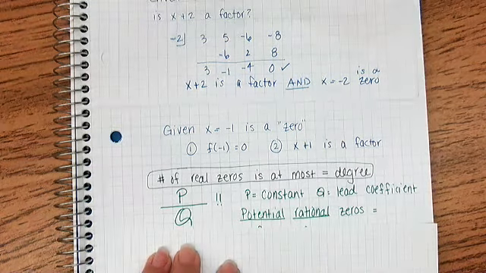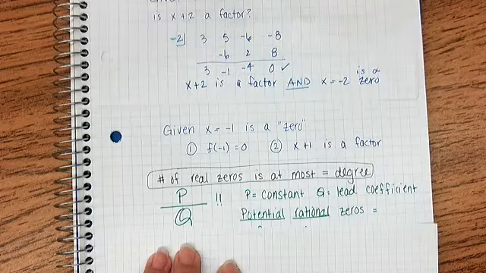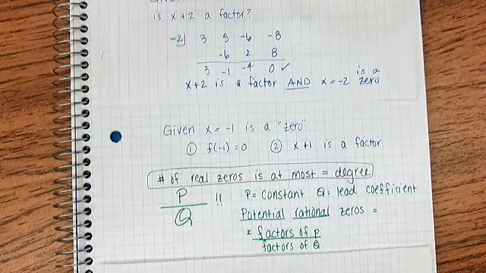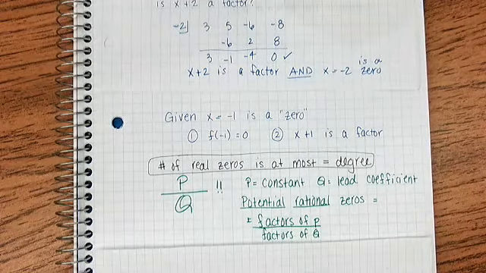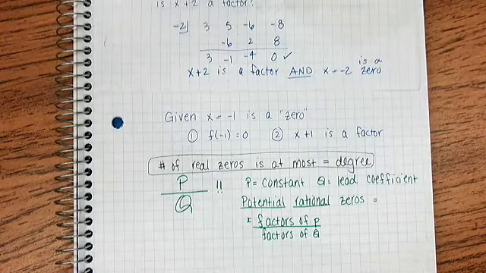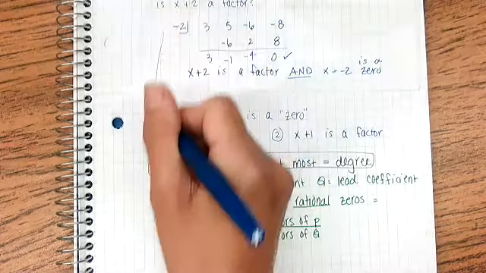You do not get rational solutions using the quadratic formula unless the discriminant is a perfect square. So the factors of P over the factors of Q, hopefully you remember this from last year, tells you the potential rational zeros. So let's look at this same function that we just used.